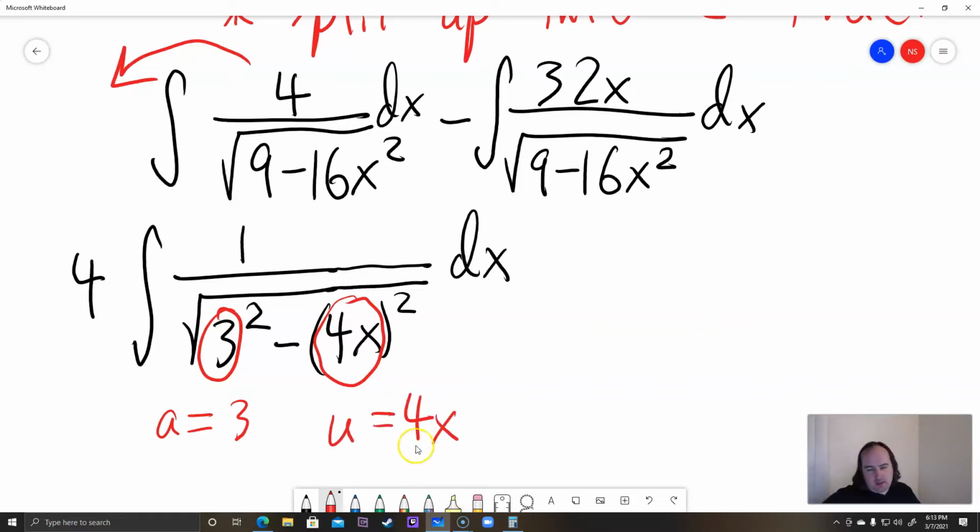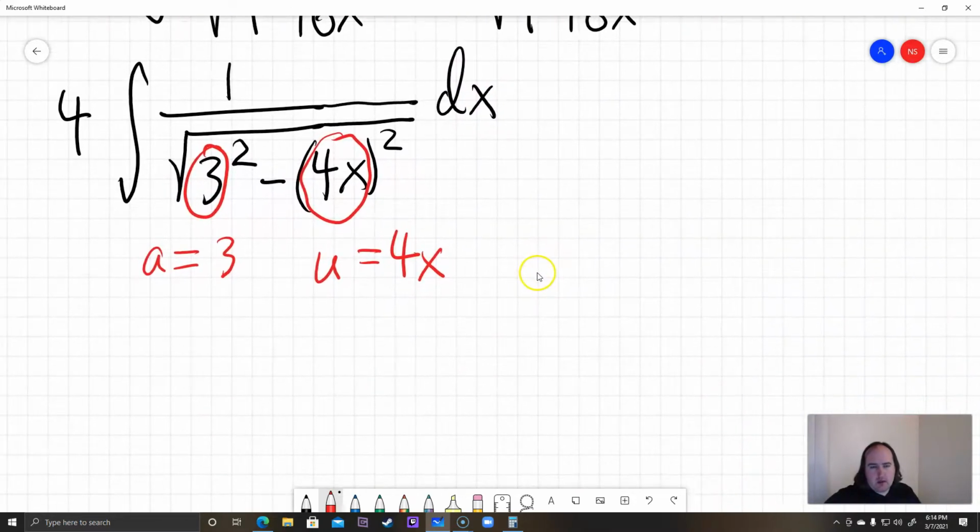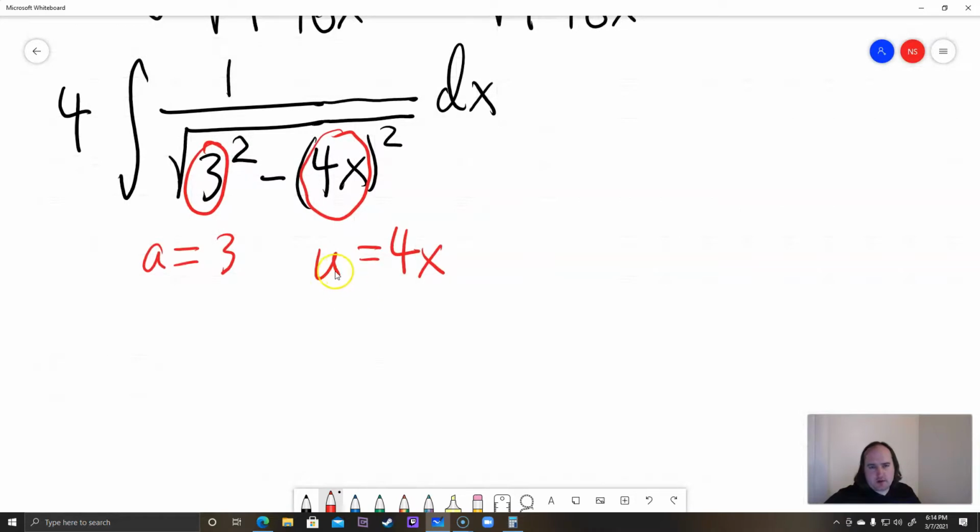However, we have a problem here: if u equals 4x, then we're going to have to write in something new for dx in terms of du. But that's not too hard. We have u equals 4x, so that means du/dx equals 4.